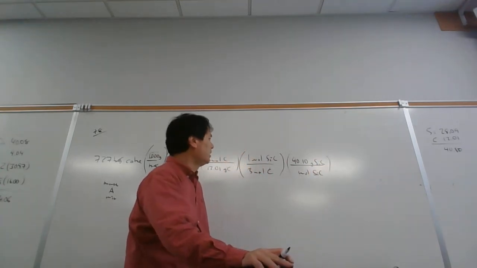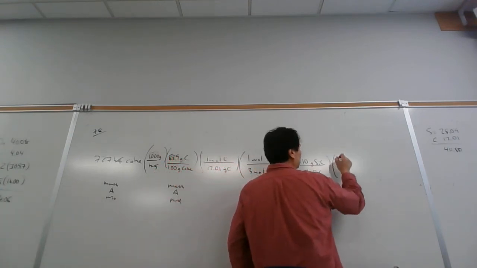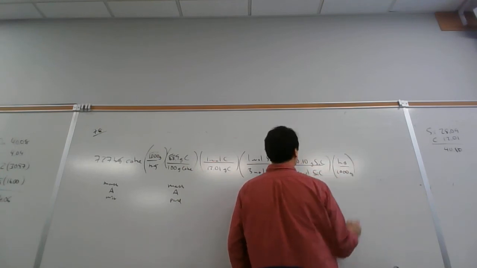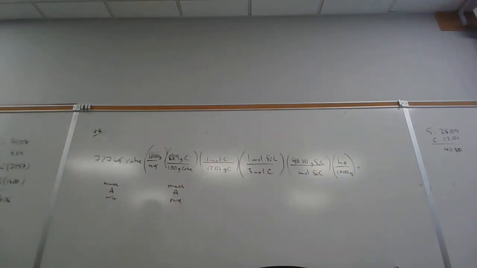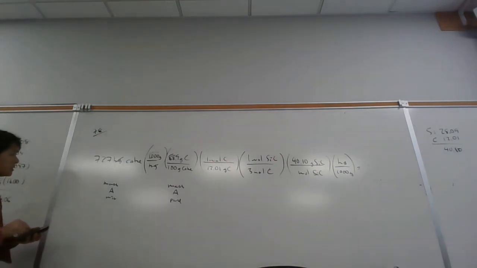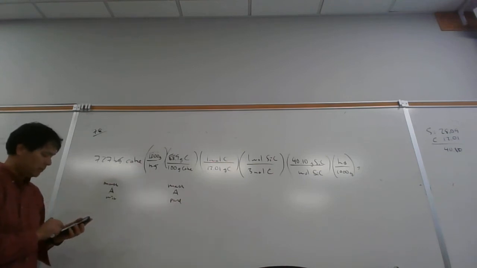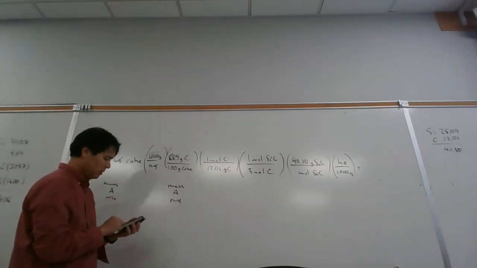Okay, and then finally, they want it in kilograms. And so 1 kilogram is equivalent to 1,000 grams. And this should give it to us here. Let's try this. 727 times 1,000 gives 727,000 grams of mixture, times 88.9 divided by 100, which is 646,303 grams of pure carbon, divided by 12.01.